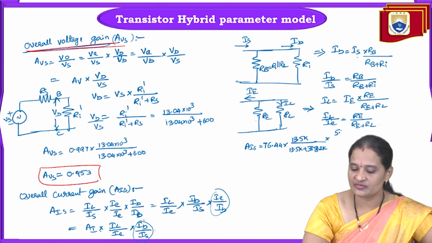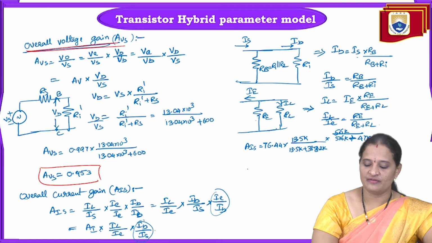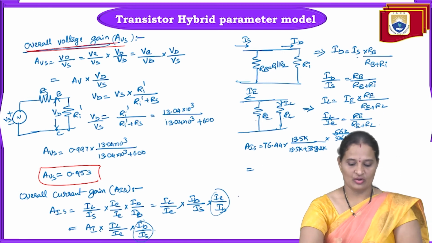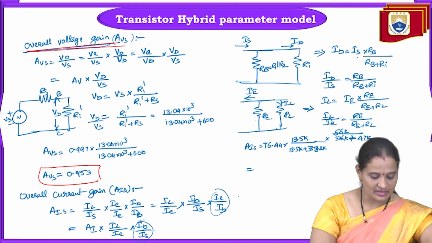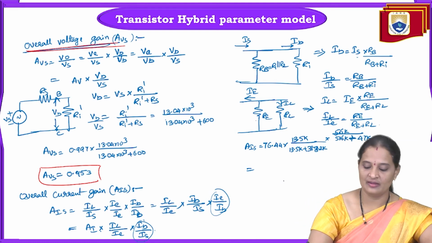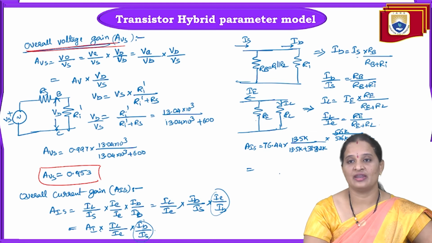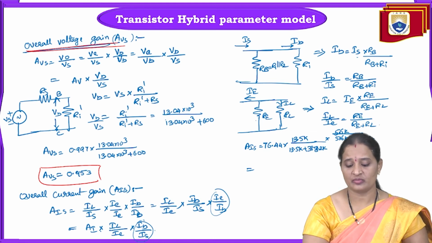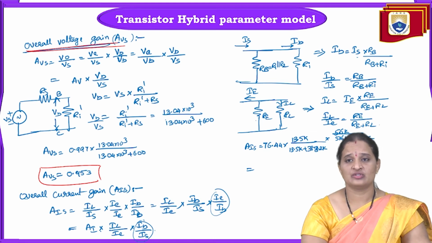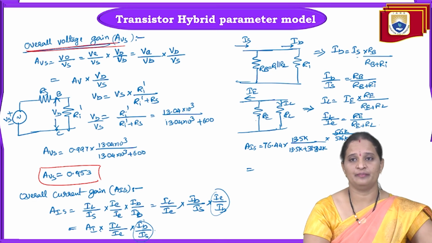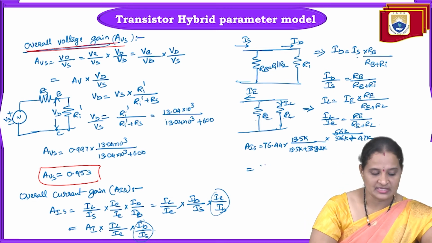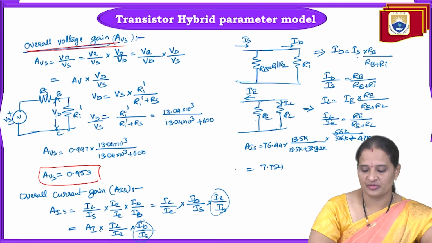So RE value is 5.6K divided by 5.6K plus the RL value of 47K. If you calculate all this, I will get AIS, the overall current gain, as 7.754. So this is the overall current gain.